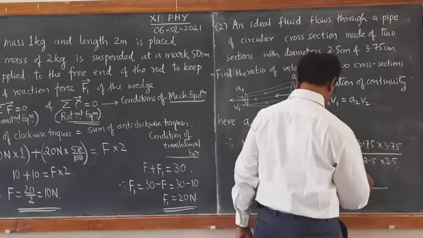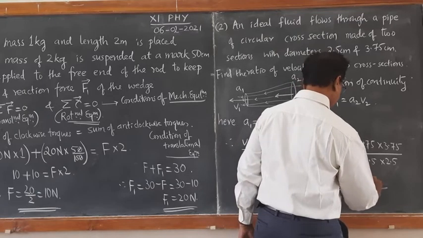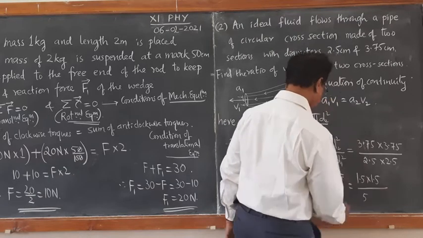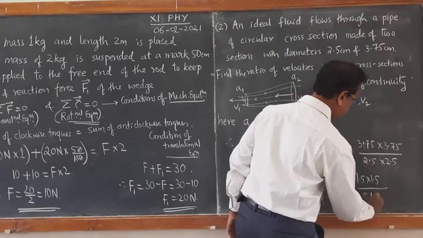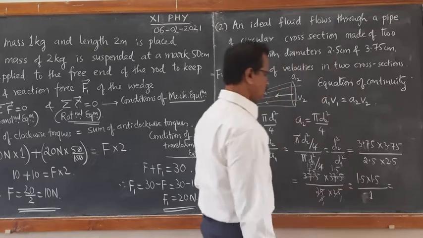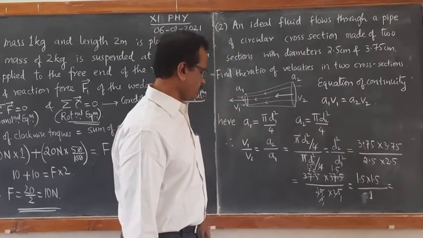So you get in the numerator 1.5 into 1.5, and in the denominator 1. So 2.25 divided by 1.